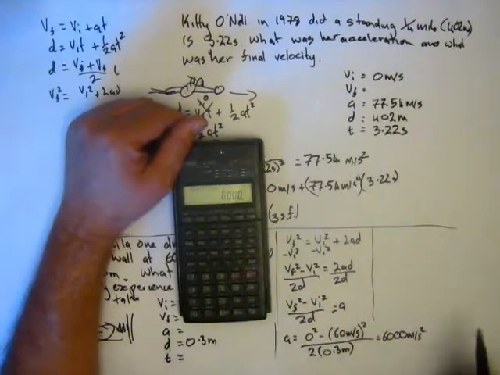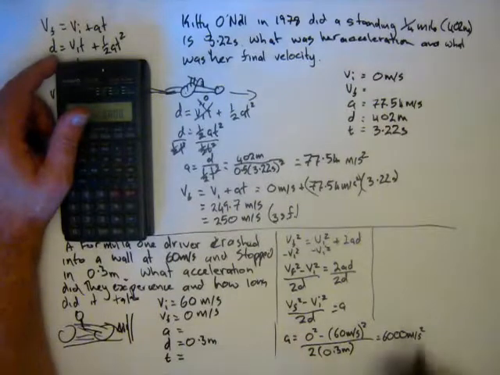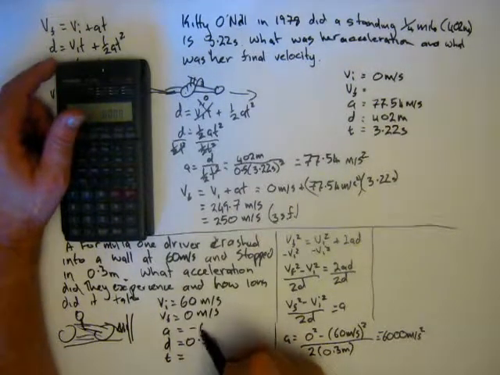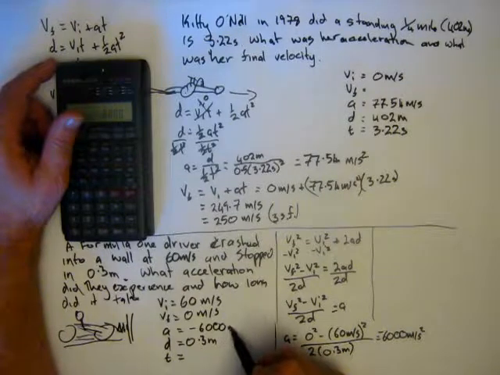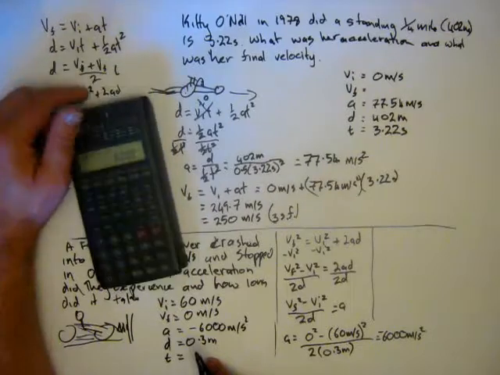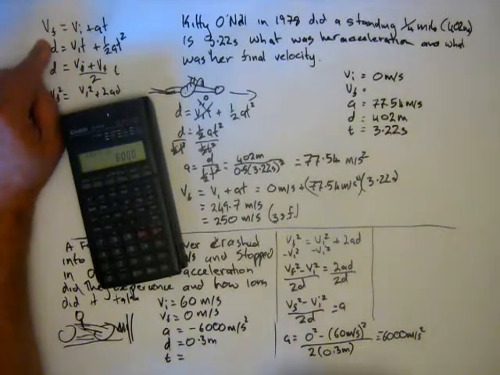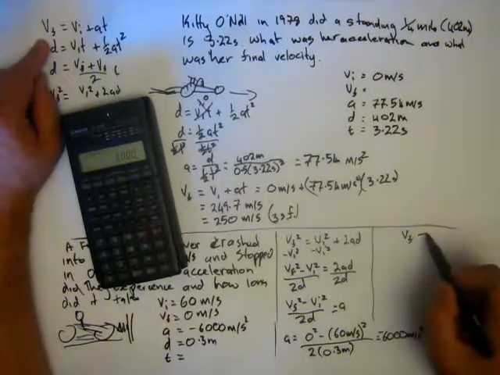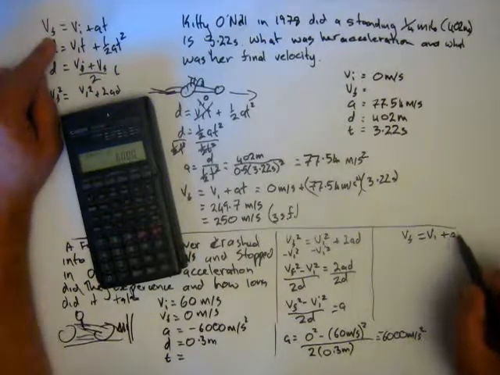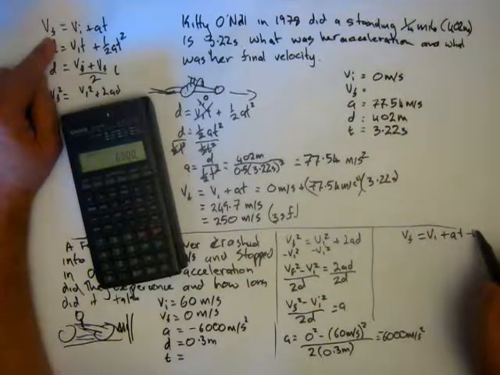Okay, what about the other one? We now know acceleration. This is minus, remember he's slowing down, minus 6,000 meters per second squared. How long did this take? Well, I can use this one. Vf equals Vi plus at, rearrange for t, minus Vi.